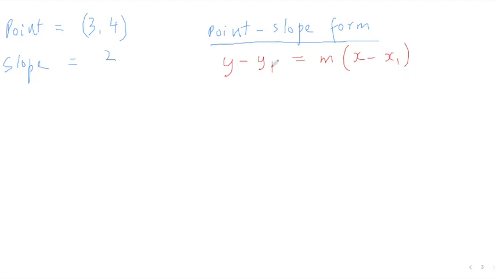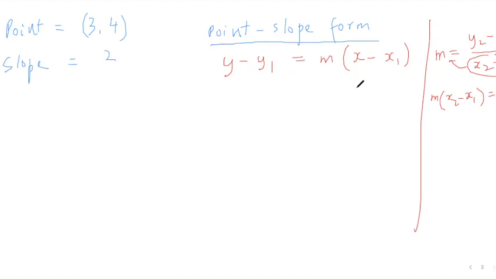If you're wondering where I cooked up this formula, think about the slope formula: m = (y2 - y1)/(x2 - x1). Move the denominator to the other side and you get m(x2 - x1) = y2 - y1. Instead of x2 and y2, I've just put x and y.